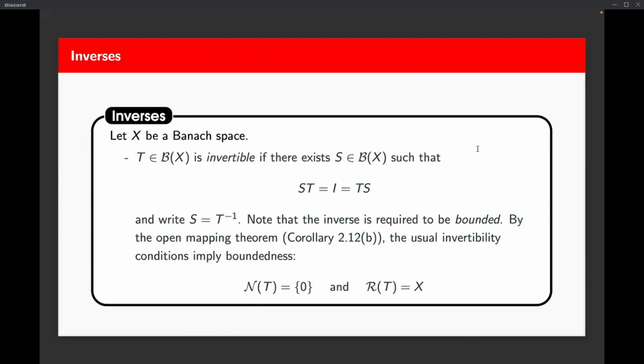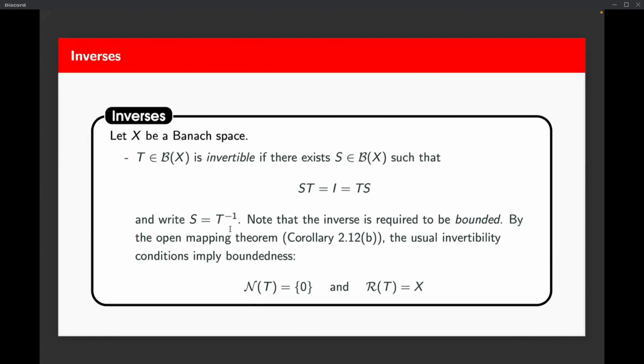And then a little bit more in terms of definitions. In a Banach space, we're going to say that an operator T in B of X is invertible if there is an element S of B of X such that ST equals I equals TS. So we're requiring S itself to be bounded. It doesn't suffice to just say it's bijective.